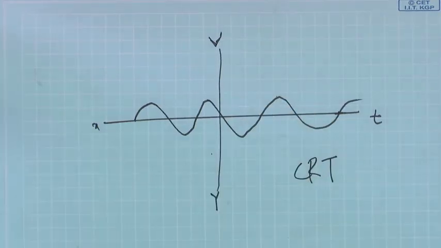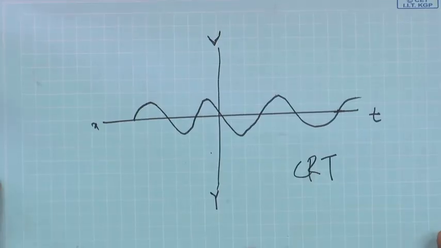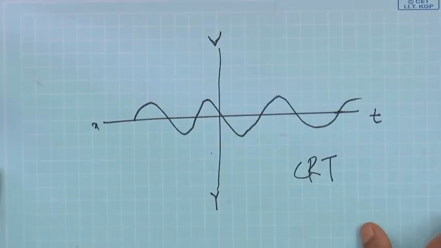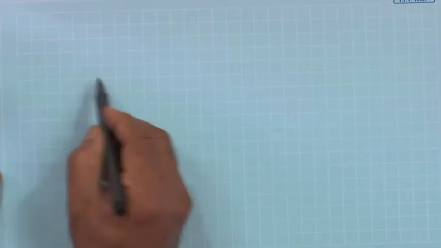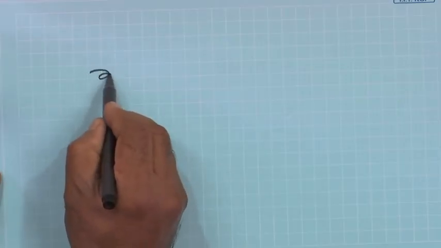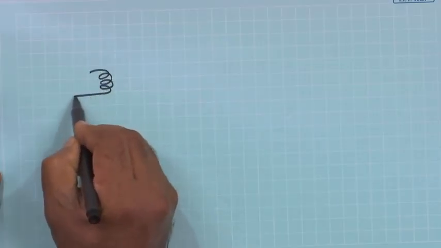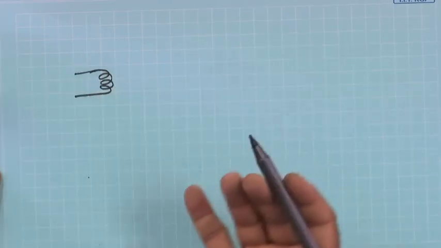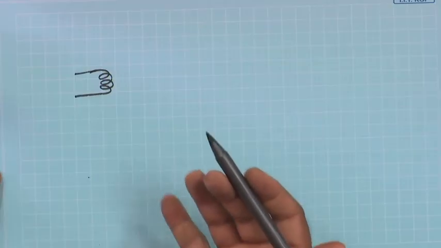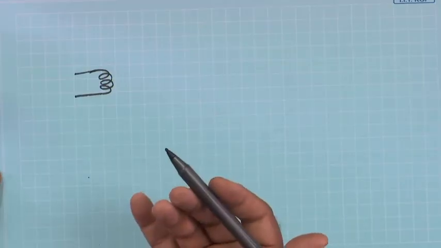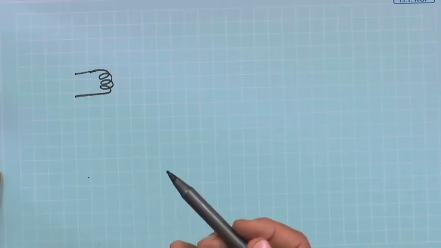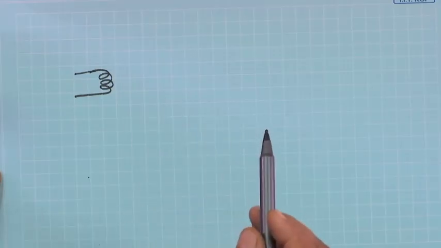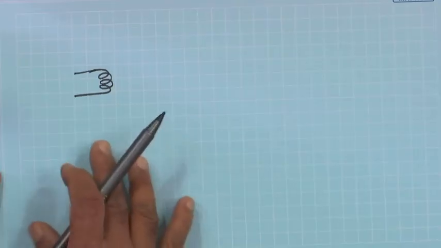Cathode ray tube. Now, for the basic things, from basic physics you know, take a filament. In our home we use bulbs, 50, 60 watt bulb, 100 watt bulb, and inside the bulb we have seen there is a filament. When this filament glows, we get light.